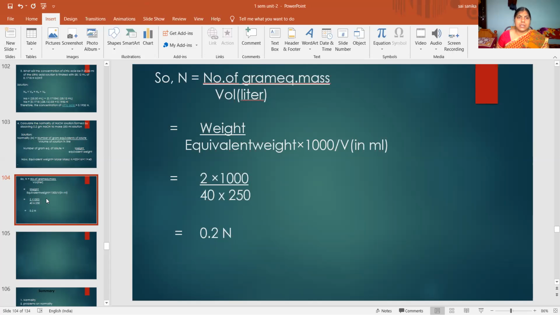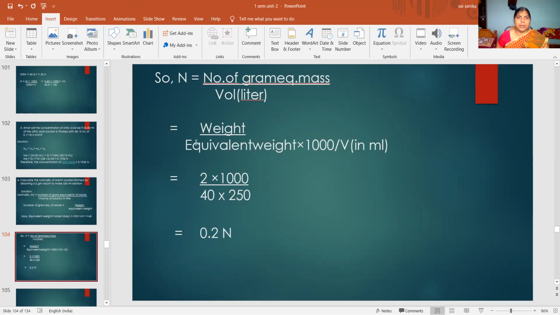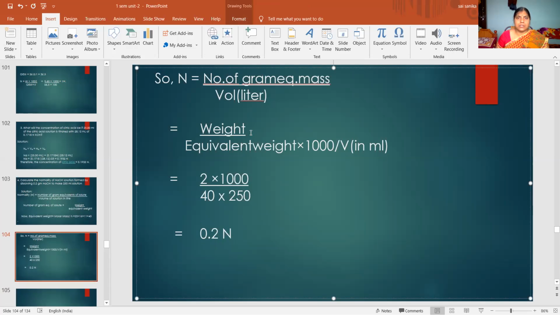Okay, so same as the previous problem. So weight into 1000 by volume in ml actually. So here we'll take this one, volume in ml.